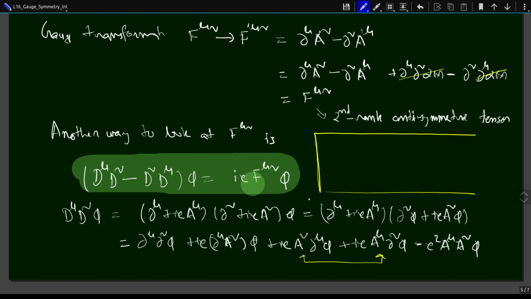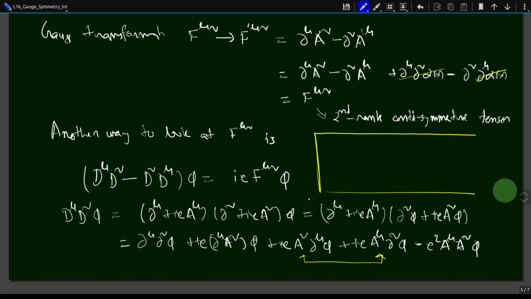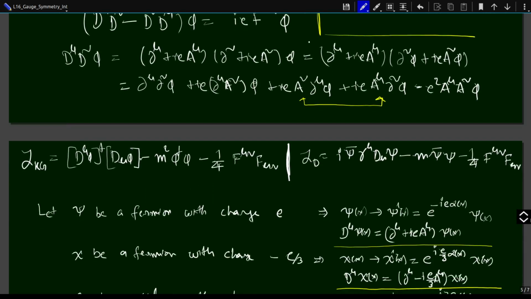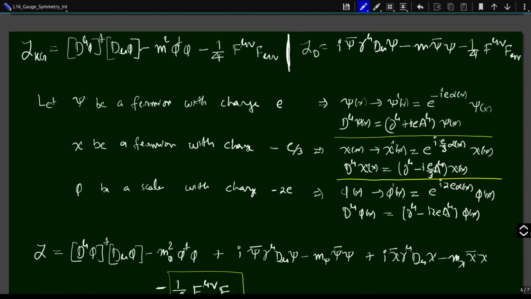Having said this, and that this is the Lagrangian of our theory, we have to proceed further to complete the story. For the Klein-Gordon case, the charged scalar, the full Lagrangian would be d mu phi dagger d mu phi minus m squared phi dagger phi minus 1 by 4 F mu nu F mu nu. And likewise, you take the Dirac field Lagrangian, and to that you add minus 1 by 4 F mu nu F mu nu.